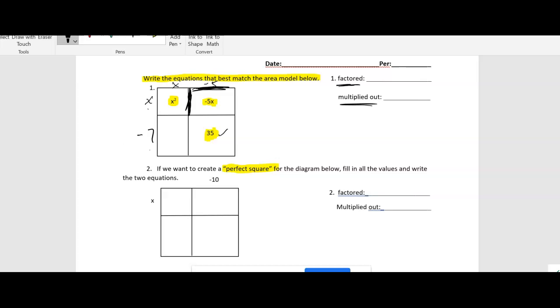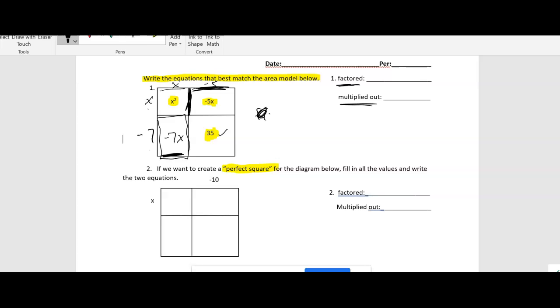All right. And then for this area, it would have a base of x up here, and the height would have been the negative 7, so this has to be a negative 7x. We've written this two different ways. If I wanted the multiplied out, let's do the factored version first.